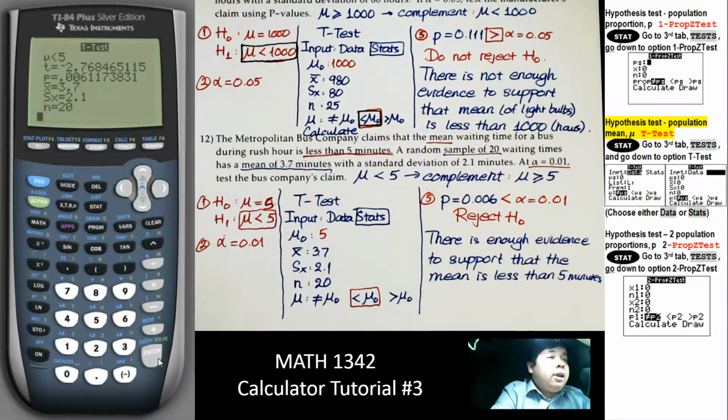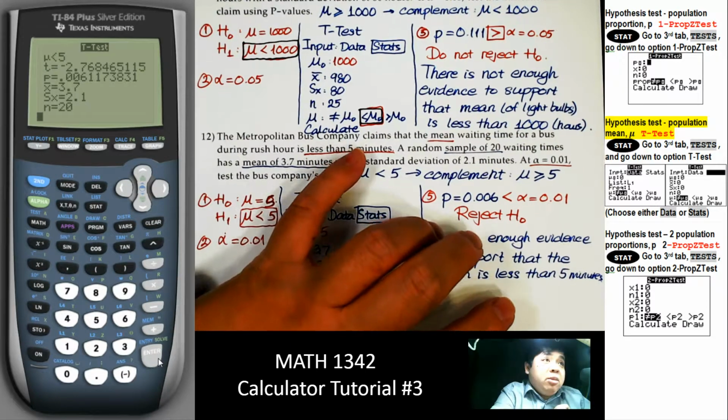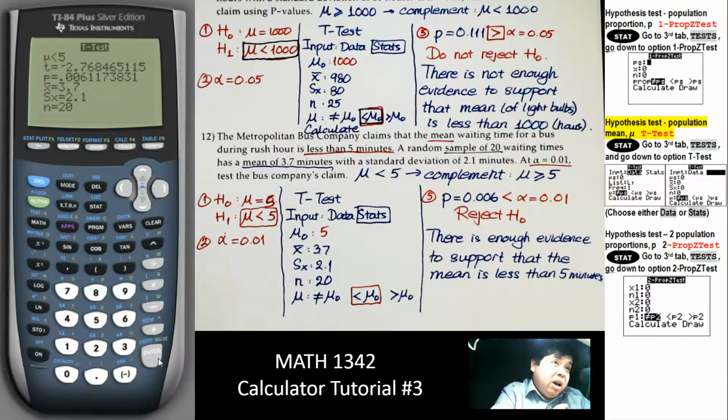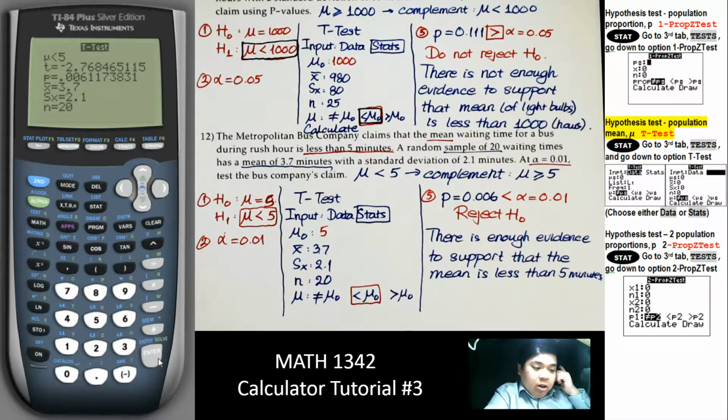Meaning that this claim is a valid claim. The claim is good. It is indeed less than 5 minutes. So that is the hypothesis test for the population mean.